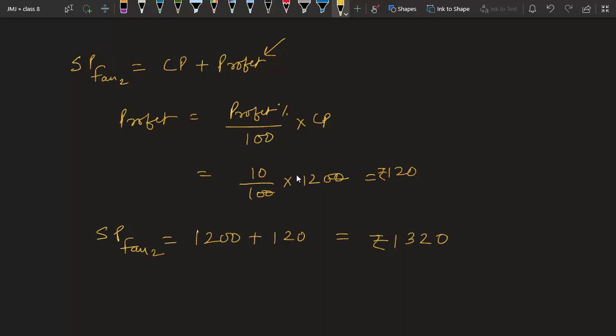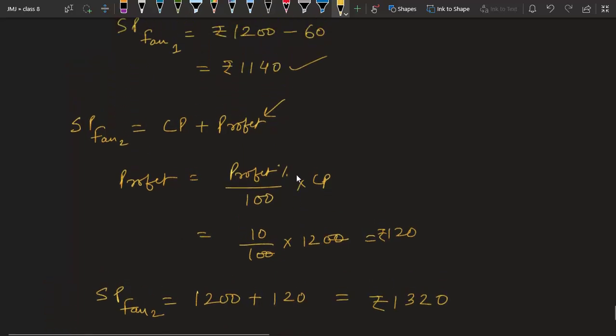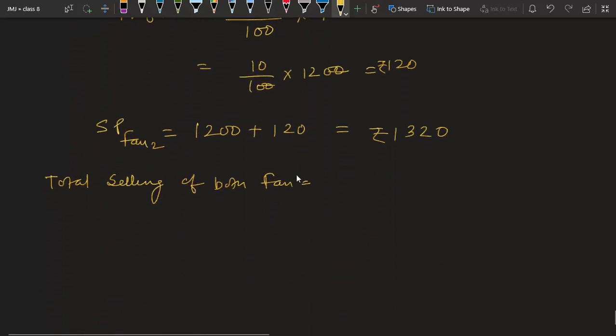Now the total selling price of both fans is equal to, first was sold at 1140, second is sold at 1320, and when we add them we get rupees 2460 as the total SP.